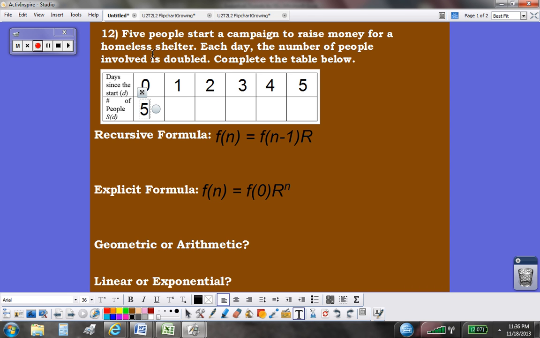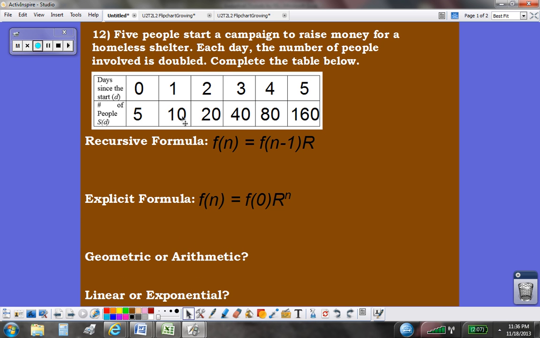Okay, that's the number of people starting the campaign. And each day is doubled. So after day 1, if you double 5, you will get 10. If you double 10, you will get 20. If you double 20, you'll get 40. And each day it just keeps doubling. Okay, last is 160. Alright, so there's my table, pretty much.